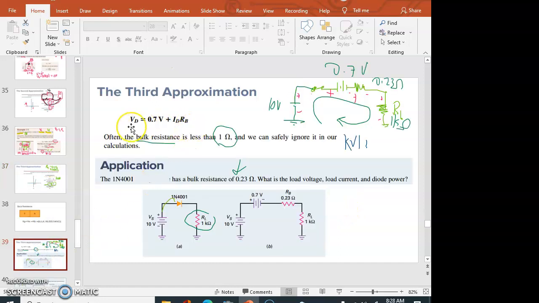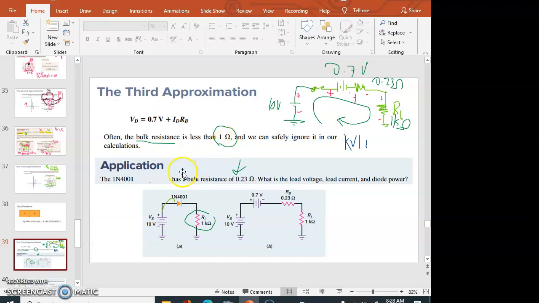That's the reason why, under the third approximation, the diode voltage is the sum of 0.7 volts for silicon plus the voltage drop across your P and N material. Now, the bulk resistance usually ranges at 1 ohm or less than 1 ohm, or it is usually 0.23 ohms.